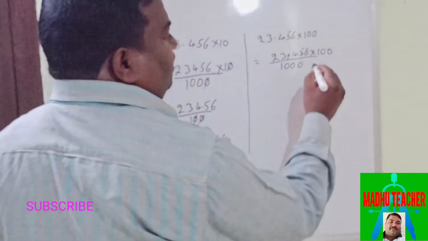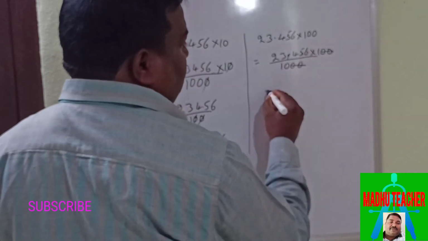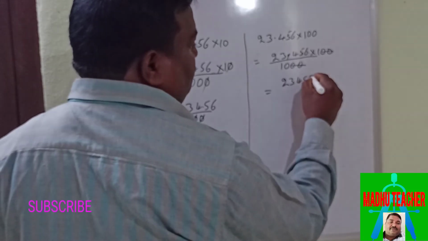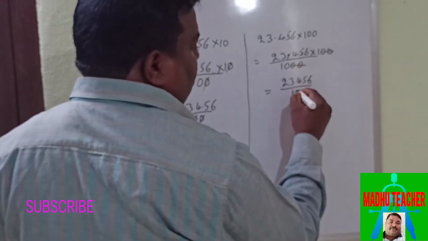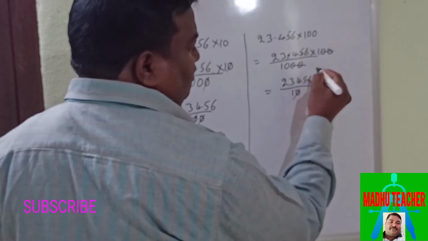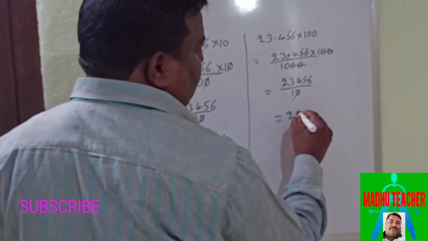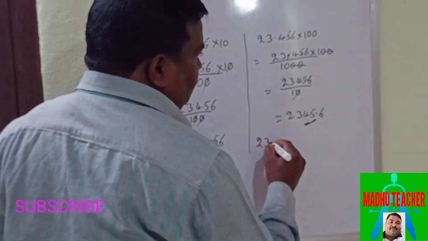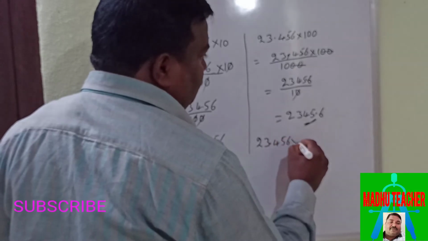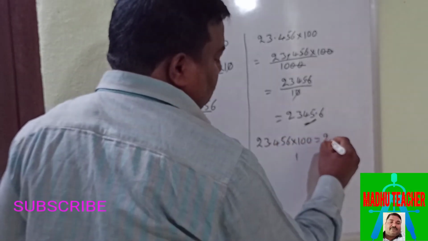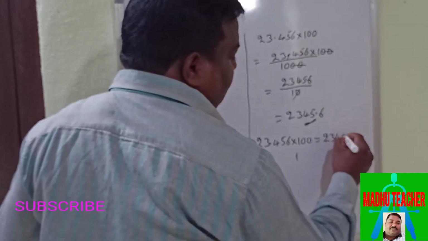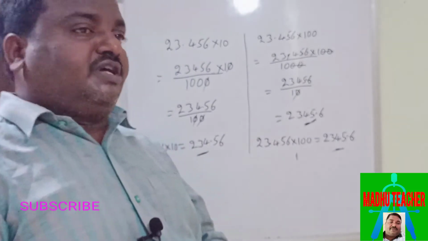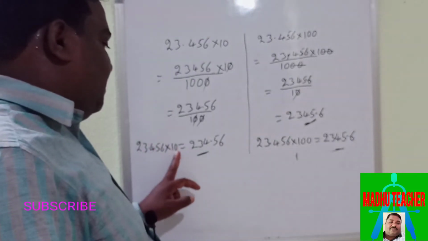Here two zeros cancelled, so 23,456 by 10. 0 cancel, put point before one digit, that is 2345.6. So 23.456 into 100 equals 2345.6.